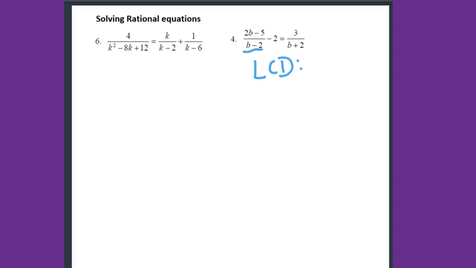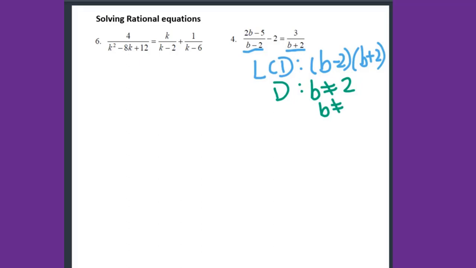It's b minus 2 times b plus 2. And for the domain, make each denominator not equal to 0. So b not equal to 2 and b not equal to negative 2.